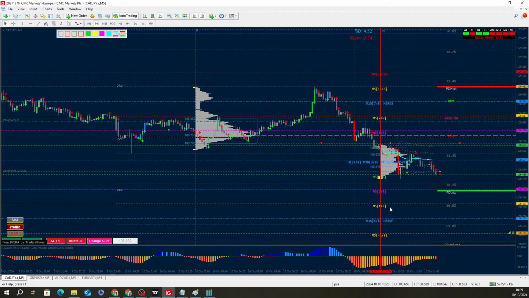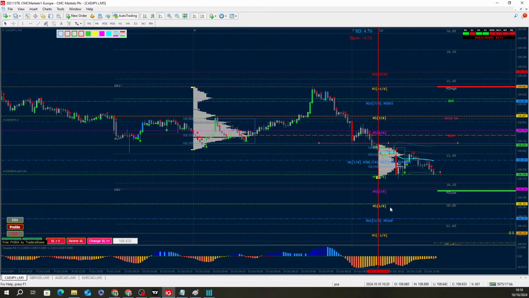The Murray principle states that any market coming down has two price levels that can halt the decline. The first level is the 1 of 8. Going to put a line there. That's the first level. Then the second level is the minus 1 of 8. This level here.